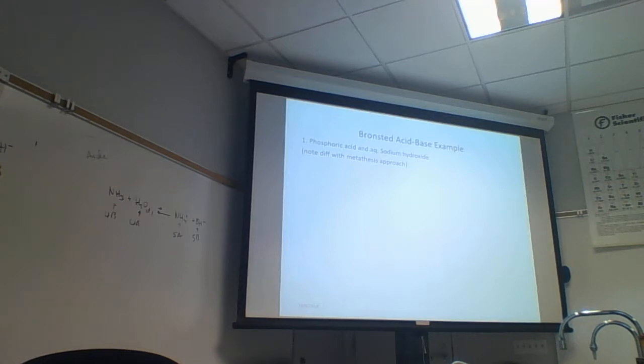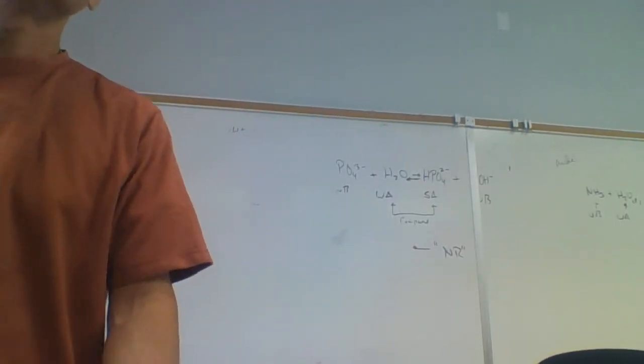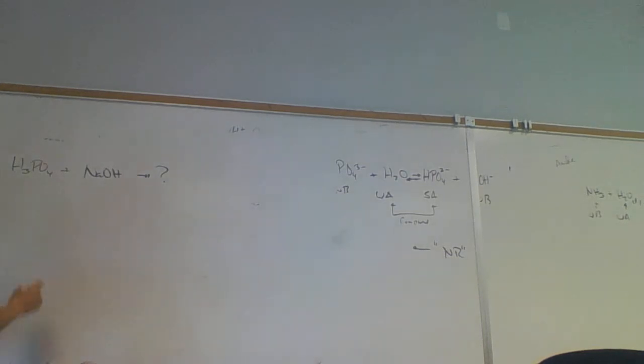Now the Bronsted approach is we inventory first, the major species. And so what is the inventory here? Then we got to ask ourselves, is water capable of pulling it apart? So for example, if I have H3PO4 in there, does water break apart H3PO4?